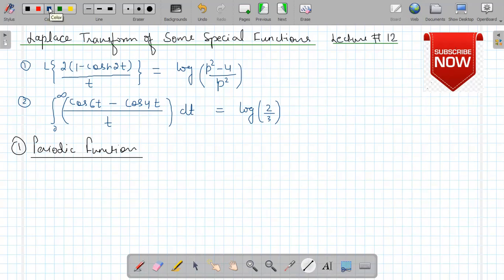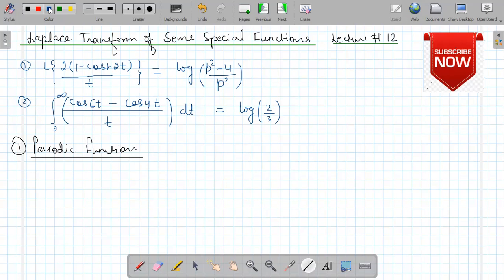I hope all of you are aware of periodic function. What is a periodic function? A periodic function is a function which repeats its value after an interval.